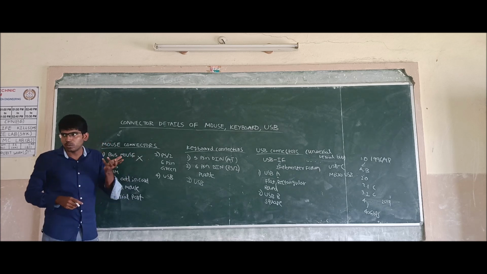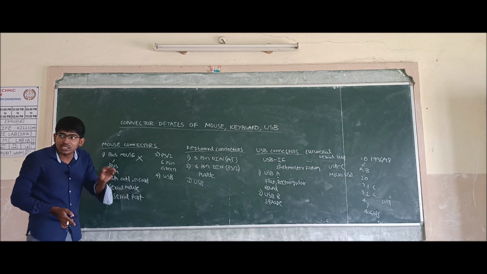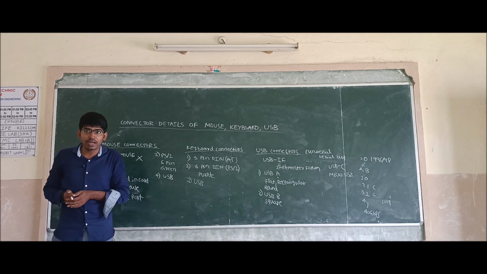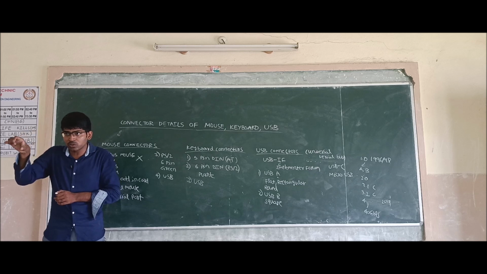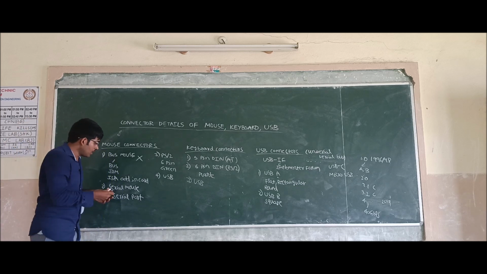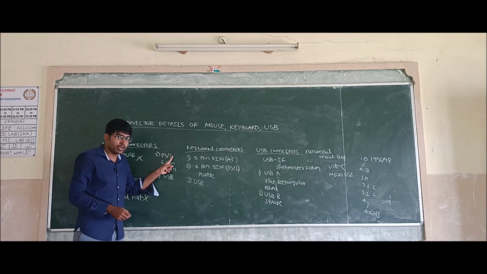Nowadays, we don't find this bus mouse. It was completely replaced by the serial mouse. Here we used the serial port. We connected the mouse to the serial port, and through this port we communicated with the PC. And this serial mouse was replaced by the PS2 mouse.